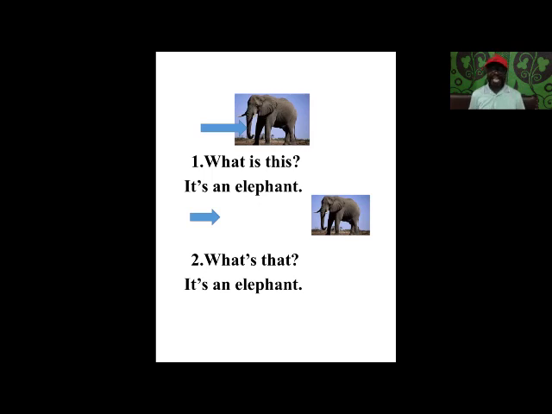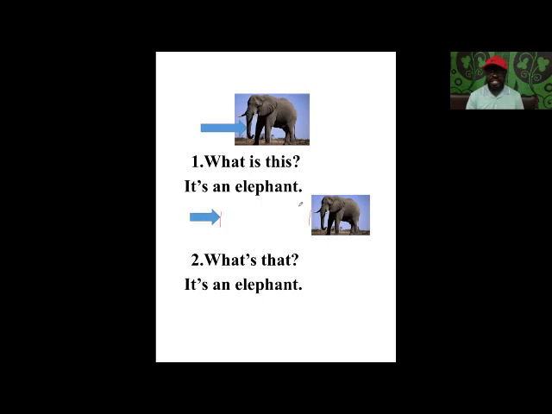Number 1. What is this? It's an elephant. The elephant is one. The word elephant begins with a vowel sound. So we use the article an. It's an elephant. Why? It is one. And the arrow is touching. Now number 2, there is this space.